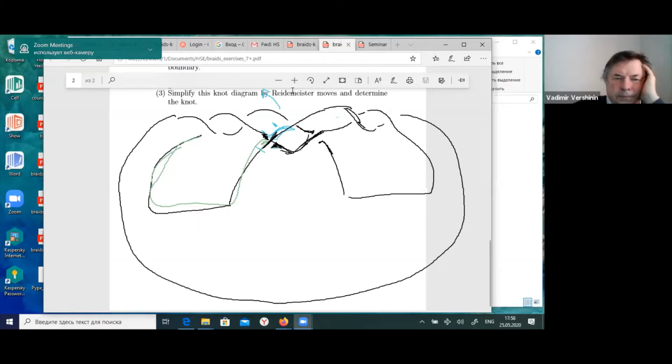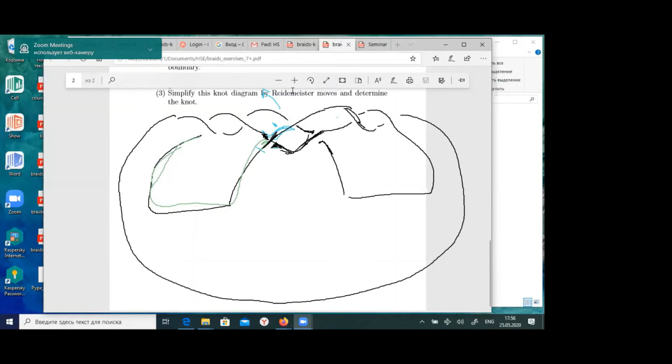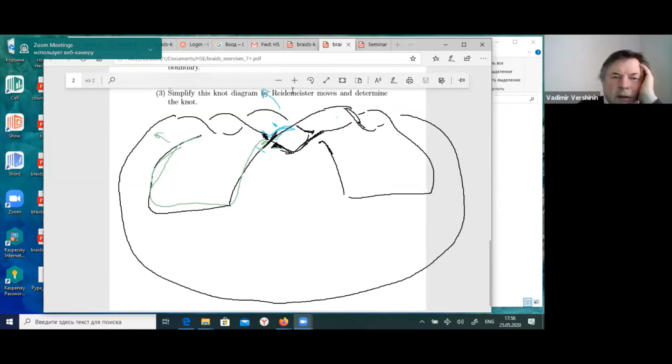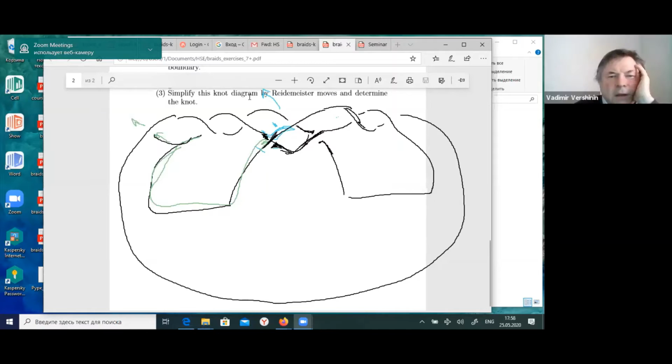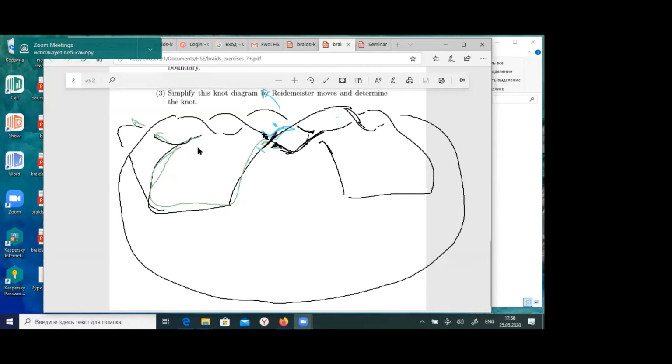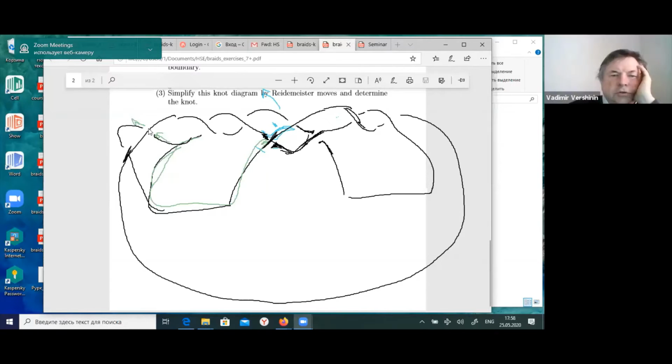Here, in this direction. It should cross exactly as you are showing. It should cross like this. Yes, we have this. Just to show that from this point it goes here.